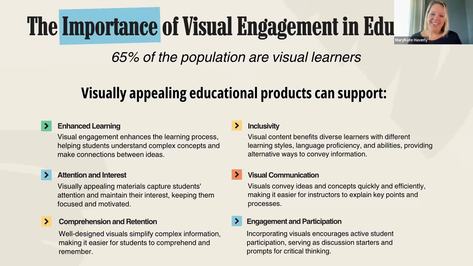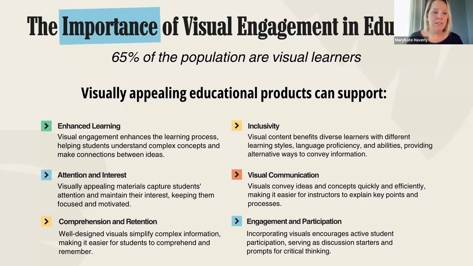All right. And next, let's take a second to really talk about the importance of visual engagement. As we do that, it's essential to understand the diverse benefits that visually appealing products, educational products especially, can bring to the table. According to statistics, 65% of the population might identify as being a visual learner.